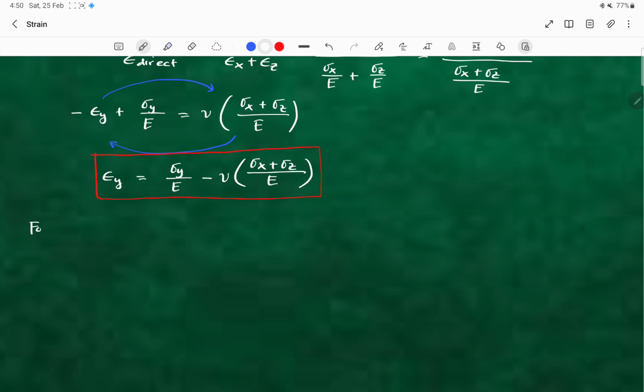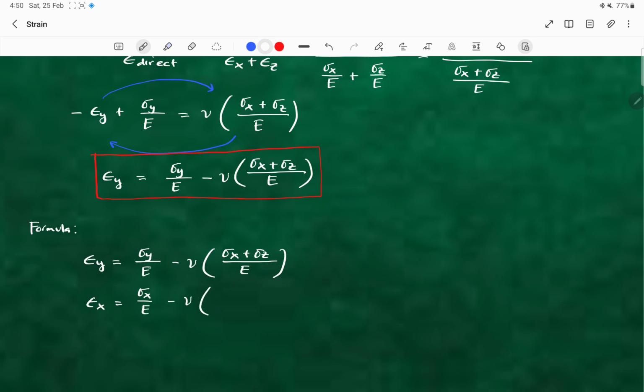So, bali, meron tayong formula na magagamit dito, no? So, we have strain of y, that is sigma y over e minus the Poisson ratio times sigma x plus sigma z all over e. And if you want to compute for strain in x, so magiging x to all over e.